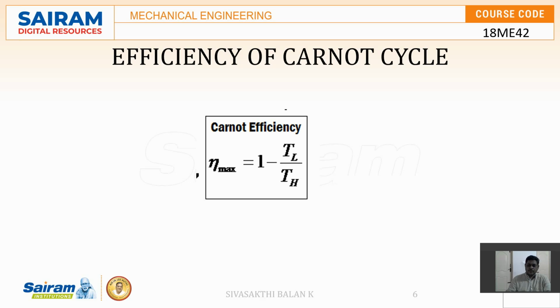Two are isothermal processes and 2 are adiabatic processes, and all these 4 processes are reversible, since we assume them as ideal processes. A reversible adiabatic process is also known as an isentropic process. The efficiency of the Carnot cycle depends completely on the lower temperature as well as the higher temperature. It doesn't depend upon any working medium.